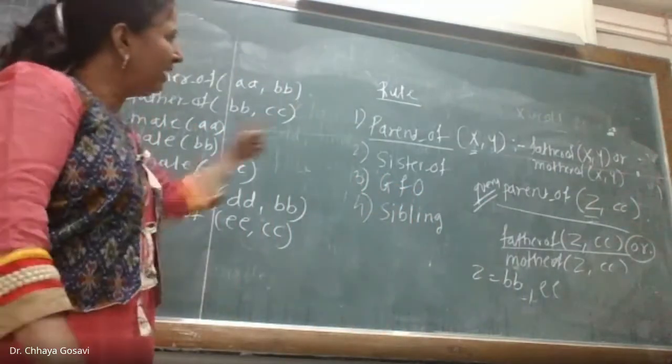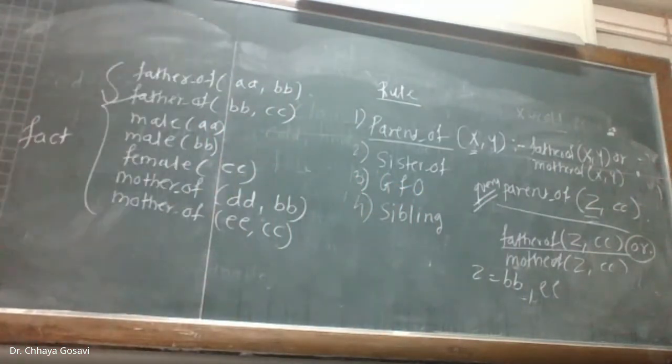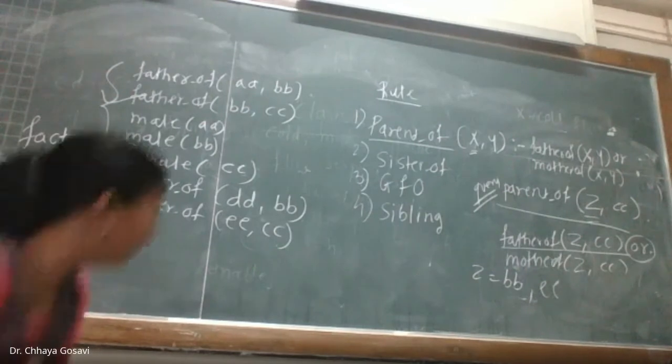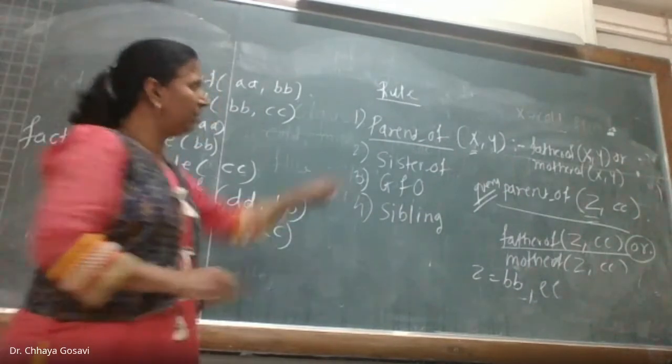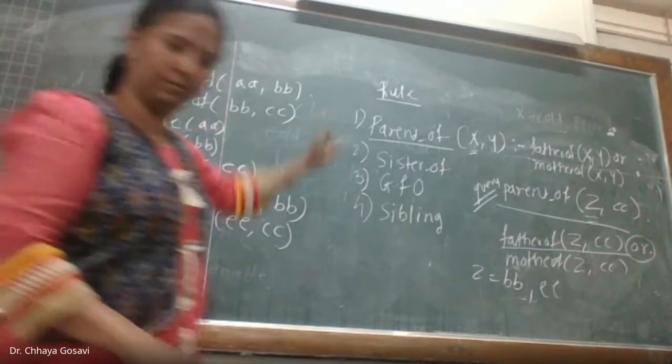Now can you write a query for sister of? Then you can say that X is sister of Y. You understood this parent of?